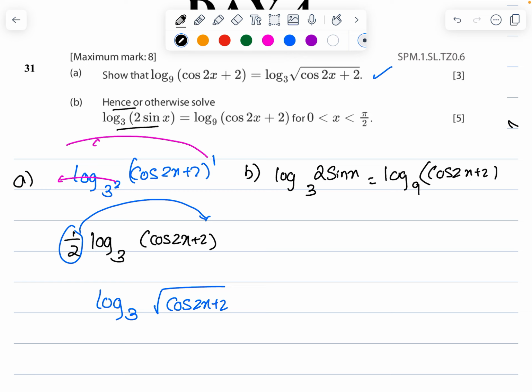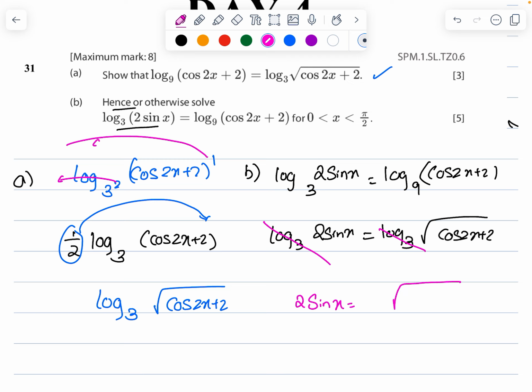Just now we have proved that log cos 2x plus 2 can be written as log base 3 square root of cos 2x plus 2. What's the point of doing it like that? So log base 3 can get cancelled. So I will be left with 2 sin x equals square root of cos 2x plus 2.